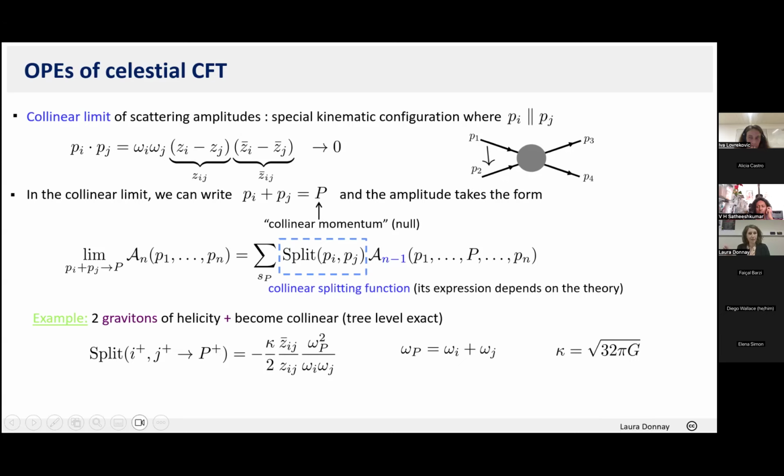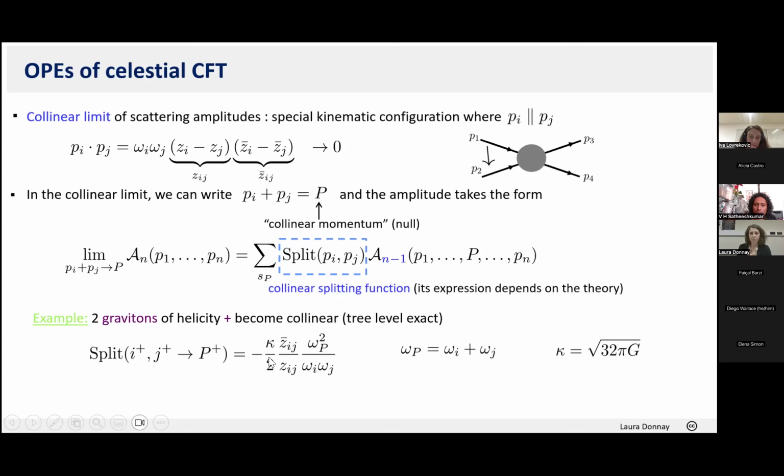Again, this is a kinematic fact of life. This has to be helicity plus, it cannot be helicity minus. And the splitting function takes this form, where I've introduced this omega P, which is the sum of omega I and omega J. Okay, so this is just the result for this collinear splitting function in this specific example.